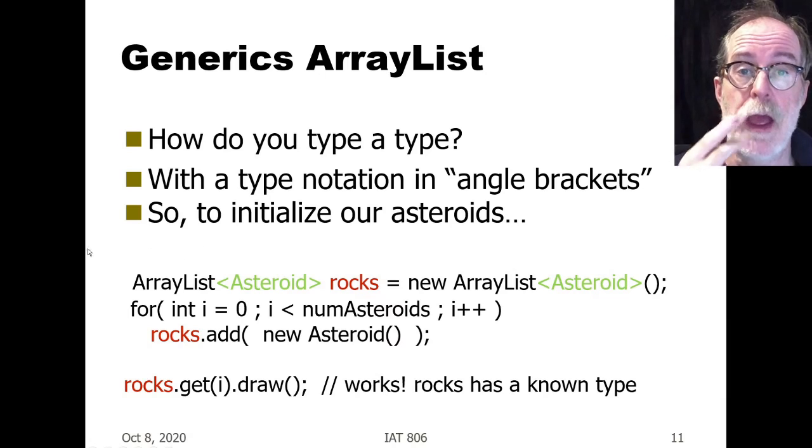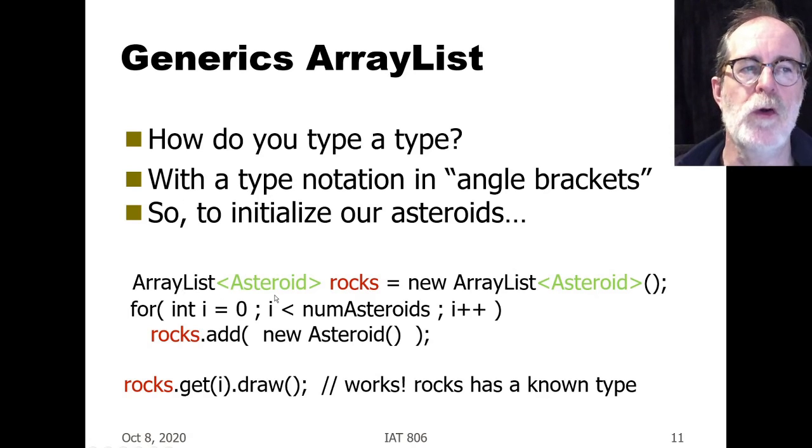As you can see in the text below, here's how it's done. You first specify ArrayList, and then in what's called angle brackets, or the less than and greater than sign, you then specify what type this ArrayList holds. So this kind of double typing is what we're trying to do here. We've changed the variable name just to distinguish it from the other asteroids containing ArrayList.